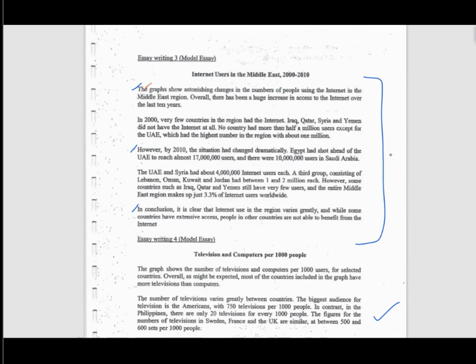Count them very fast. So 1, 2, 3, 4, 5, 6, 7, 8, 9, 10. So 15, 13, and 16. The average is about, let's say, 12 words or 13 words. So 13 by the number of lines. 130.